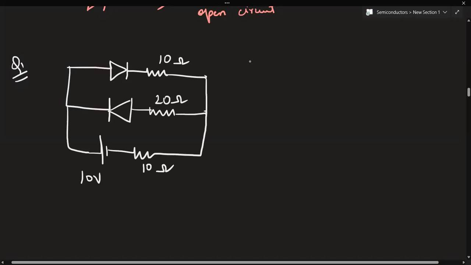This is the question I have given to you, and if I ask you to calculate the equivalent resistance, what is the effective resistance?